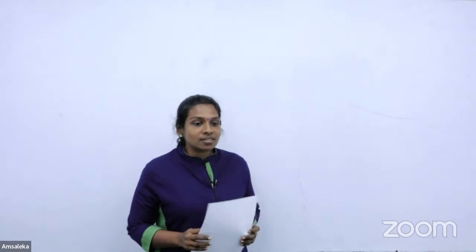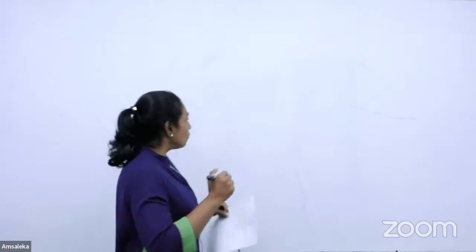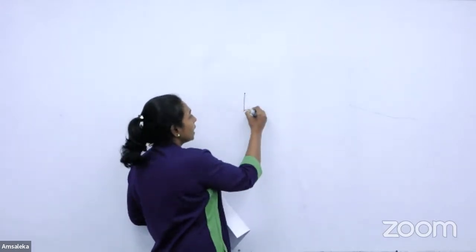So my subject, as you all know, is economics. Since you are all in AAT1, there are 4 subjects you are going to sit for, and one of those subjects is economics.